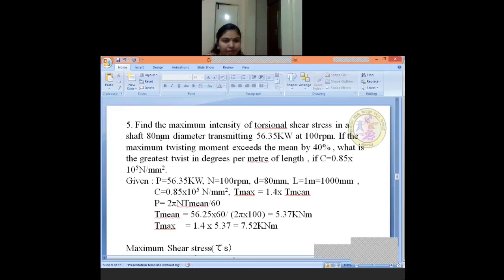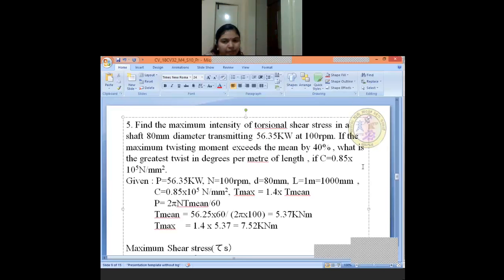So next, we move to the next problem: to find the maximum intensity of torsional shear stress in a shaft of 80 mm diameter transmitting 56.33 kW at 100 rpm.